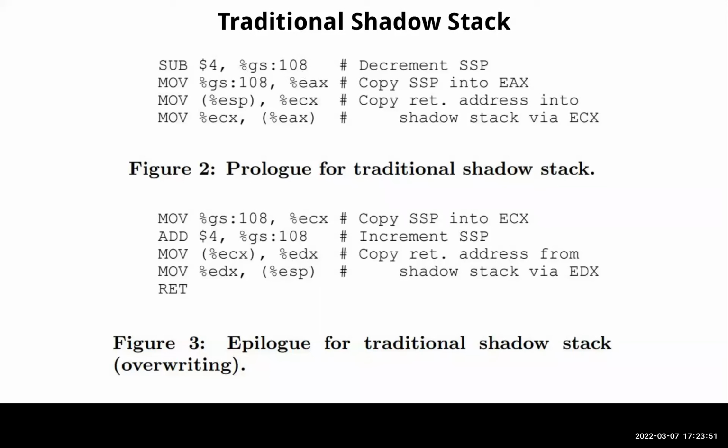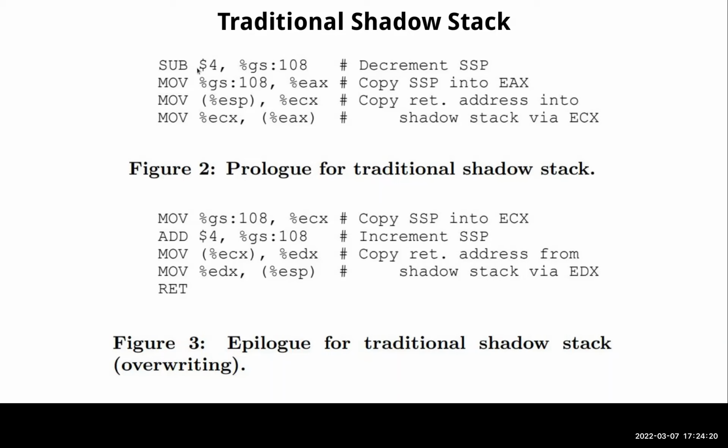So we have a pointer for the stack, which is SP, ESP, or RSP, right? That one is still for the original stack. Now we're going to use another pointer, and for this pointer we're using GS:108. GS is another general register. Usually programs do not use this, but because programs do not use it, you can use it for many different things.